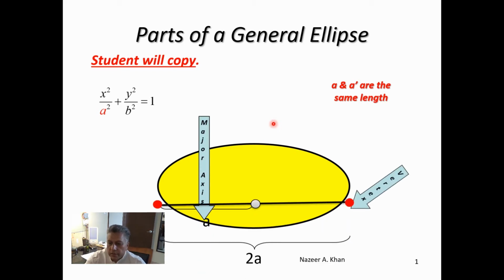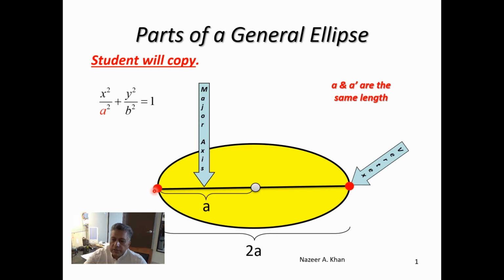When we continue with this, we see that we have the major axis, which is the longer of the two axes, right? And then when we look at the distance from the center to the vertex of the major axis, it is a, right? It's a distance. So therefore we have 2a for the full major axis.